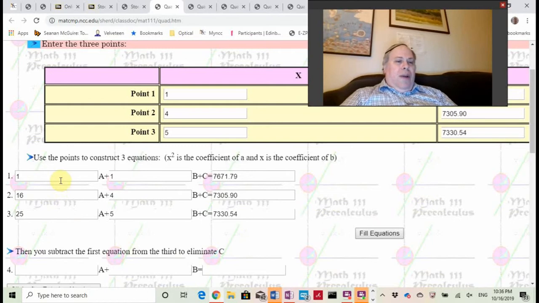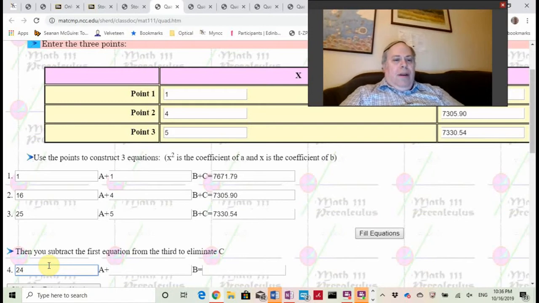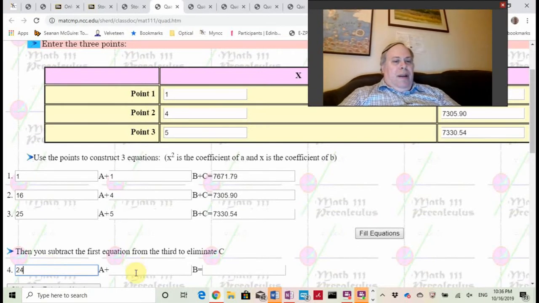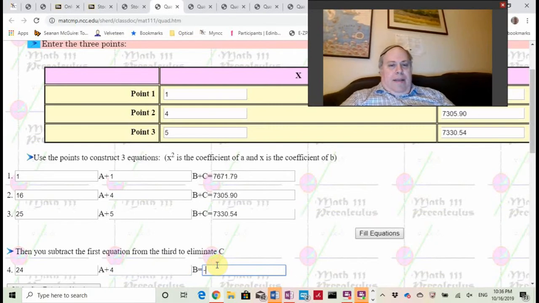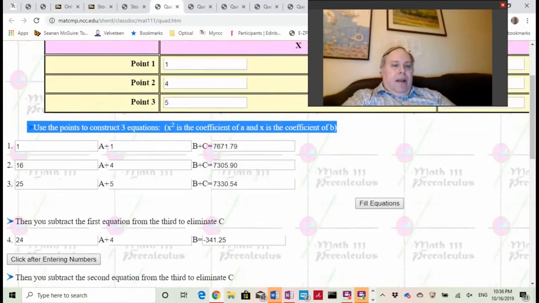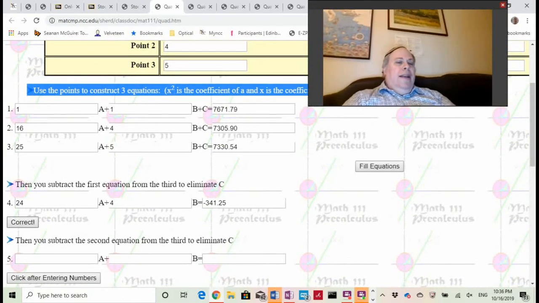We'll subtract equation 1 from equation 3. So 25 minus 1 is 24, 5 minus 1 is 4b's, and 7330.54 minus 7671.79 is negative 341.25. If I did the math in my head right, I click on that, and it tells me correct.